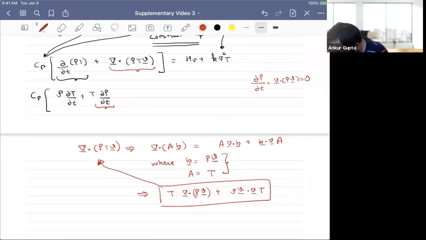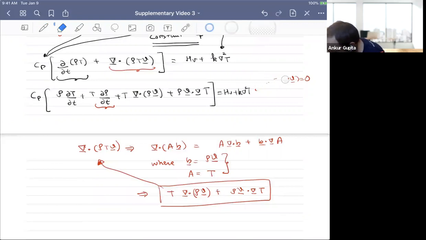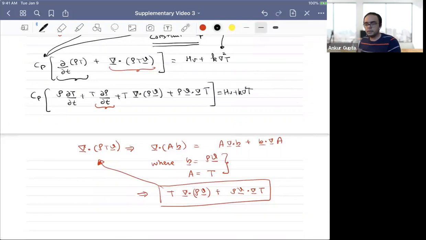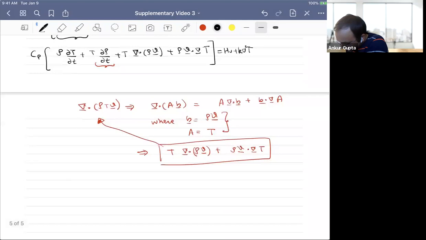So what I get is plus T del dot rho V, plus rho V dot del T, capital T, is equal to HV plus K del square T. So let's just remove this from here for now, and you get this.